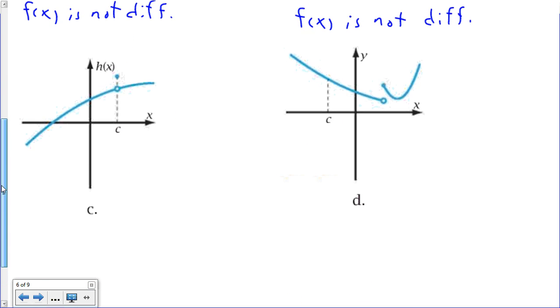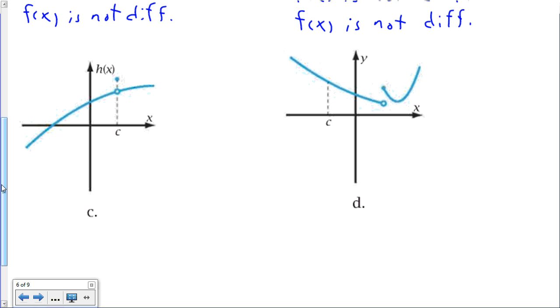Here we have another discontinuity in this function. For this one at C, function h of x, it says that you've got a removable discontinuity at C. So again, the fact that we've got a discontinuity there means h of x is not continuous. If you go through the definition of continuity, the function exists.